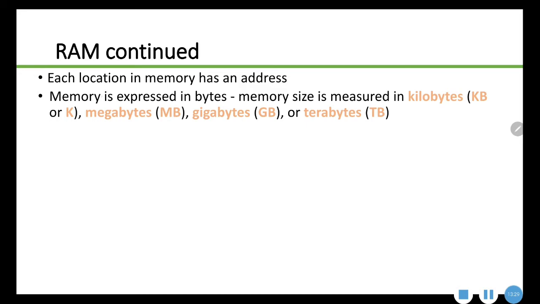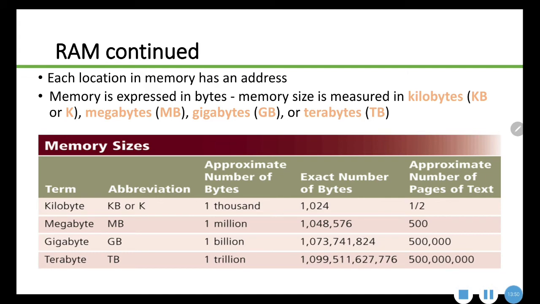Each location in memory has an address. Memory is expressed in bytes, as we have seen on the previous page, and it is also measured in kilobytes (KB), megabytes, gigabytes, and terabytes. For example, a kilobyte means about 1000, a megabyte is 1 million, a giga is 1 billion, and a tera is 1 trillion.